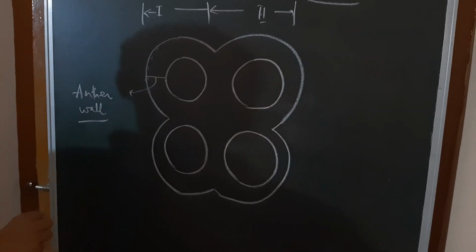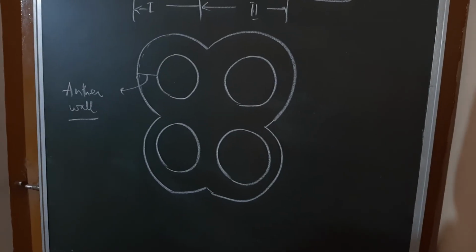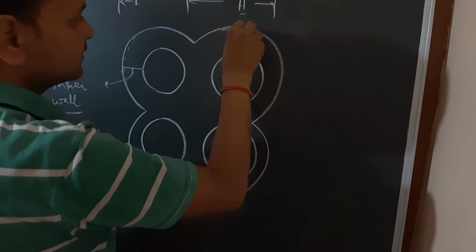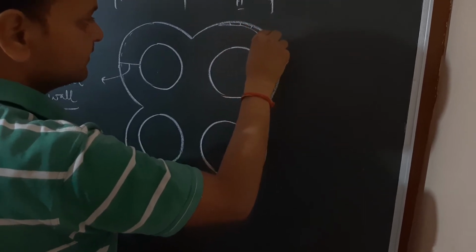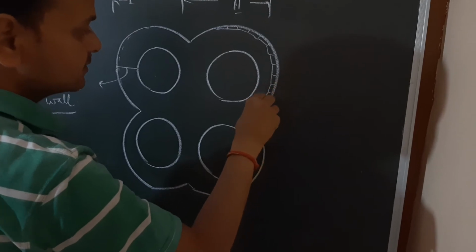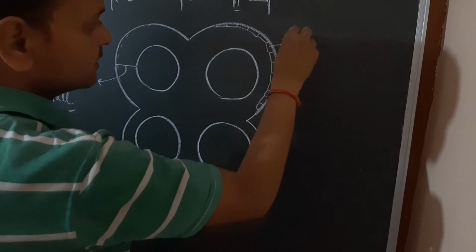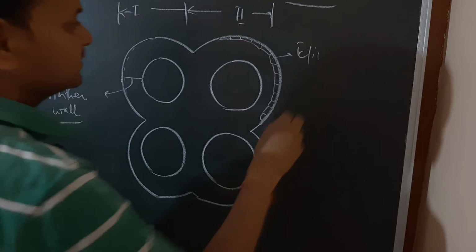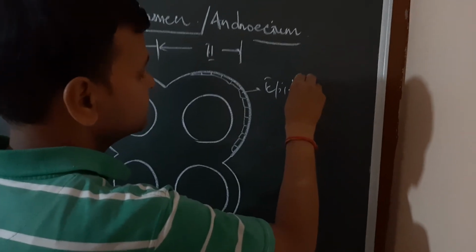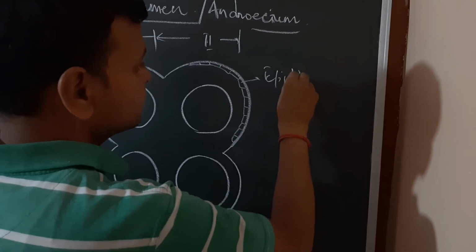And this anther wall is made up of different types of cells and tissues. The outermost surface is made up of flat cells like this. They are flat cells, and these flat cells don't have any intercellular space, and this is called the epidermis.